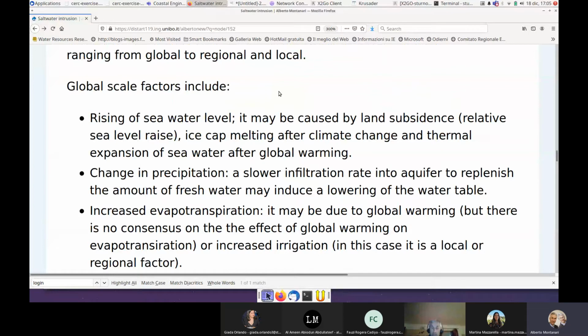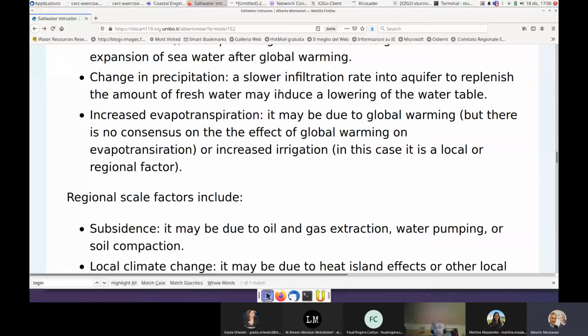There might be change in precipitation, and we already discussed it, lower infiltration, and therefore lowering the water table. We may have increased evapotranspiration, maybe due to global warming, but keep in mind that there is no consensus on the effect of global warming on evapotranspiration.